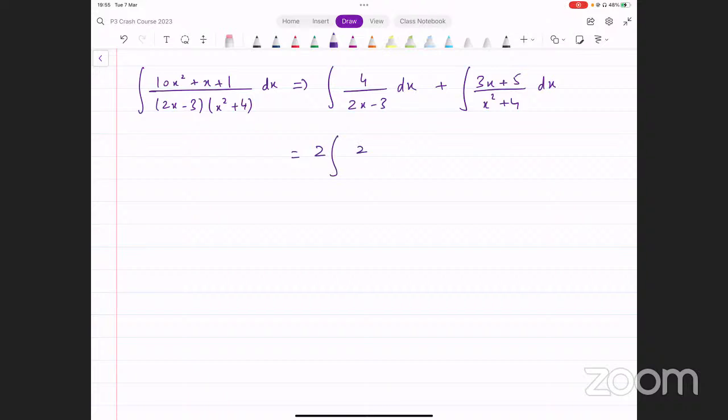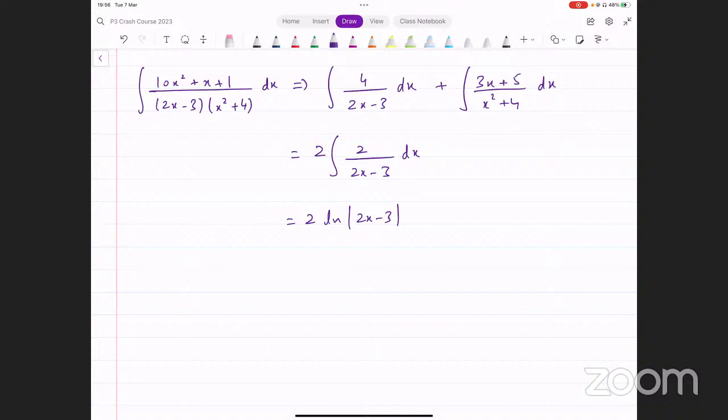Inside, we would be left with 2 over 2x minus 3. And now this follows the log form, the derivative of the denominator is there in the numerator. So what's the integral for this? It's ln of 2x minus 3. That's the integral of this thing.